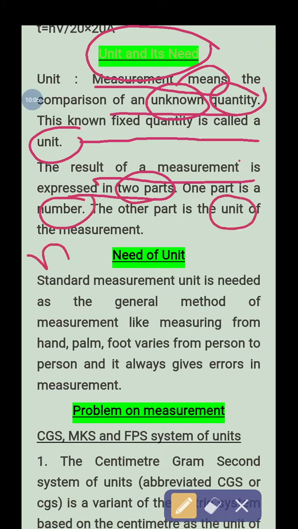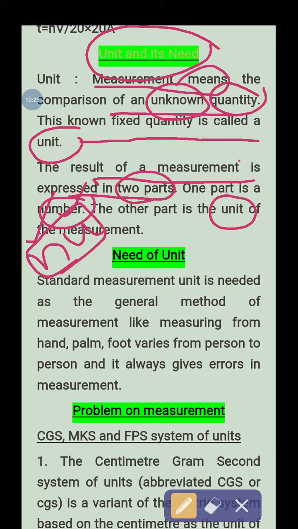That is, we denote it in this form, n into u, where n is a number and u is the unit. For example, if I go to a vegetable shop and you need some potatoes, you are not going to say just give me kg potatoes.